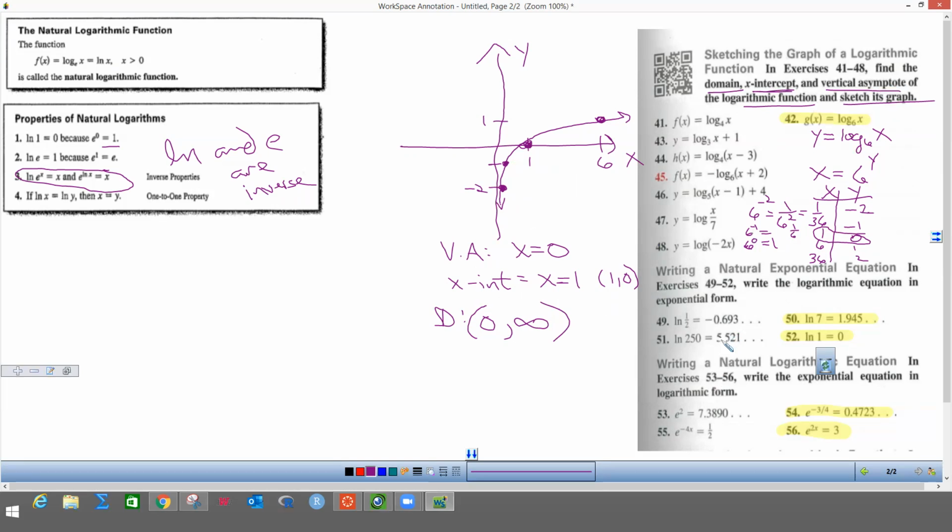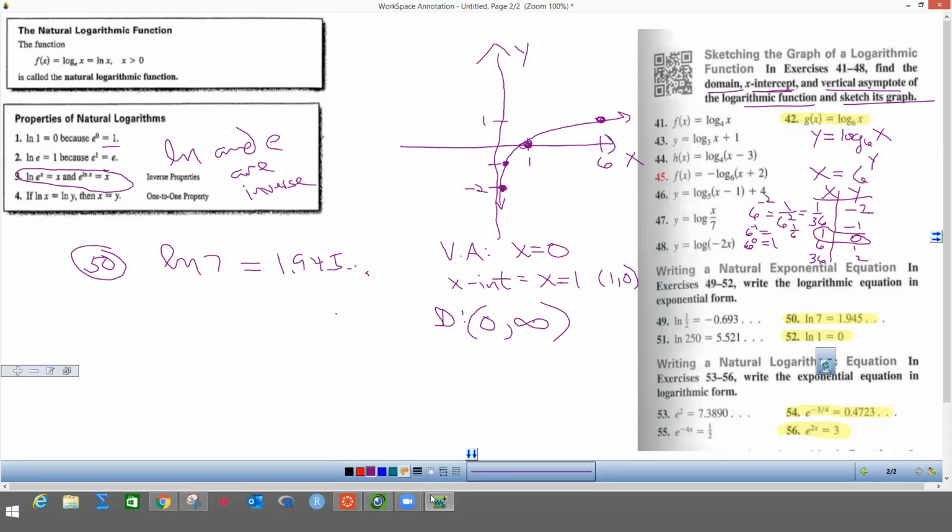And that's that problem. Now these problems right here, we're going to use this, that ln and e are inverse operations. And I'm going to do number 50 here, which says we want to change the natural log of 7 equals 1.945 into exponential form, which means we have to change it to e.